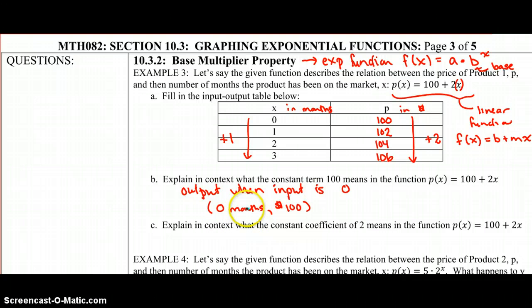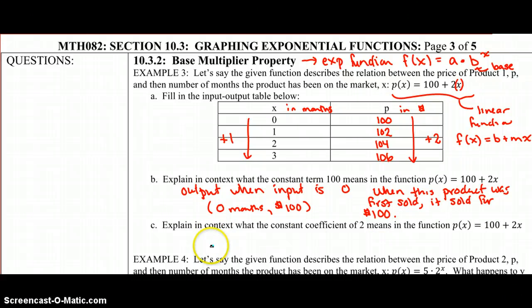This tells us that when the product first hit the market, when this product was first sold, it was sold for $100.